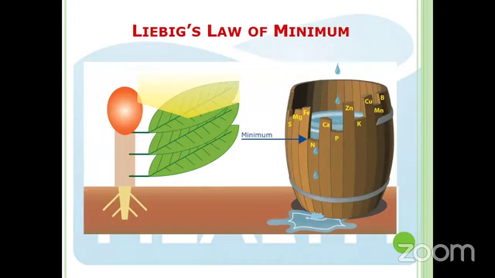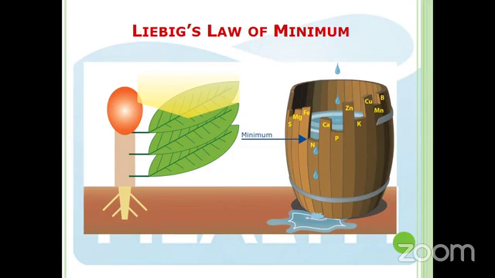Then the next picture will tell you about the application of nutrients. This is called Liebig's law of minimum. The picture will explain what exactly the Liebig law is. You can see a drum made up of various wooden strips. The names of the nutrients are printed on those strips, and the water, the liquid inside that drum, is your crop's yield.